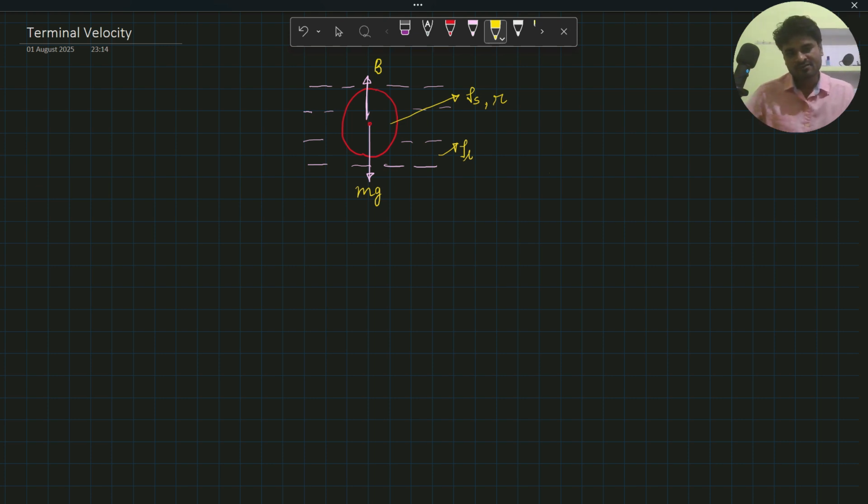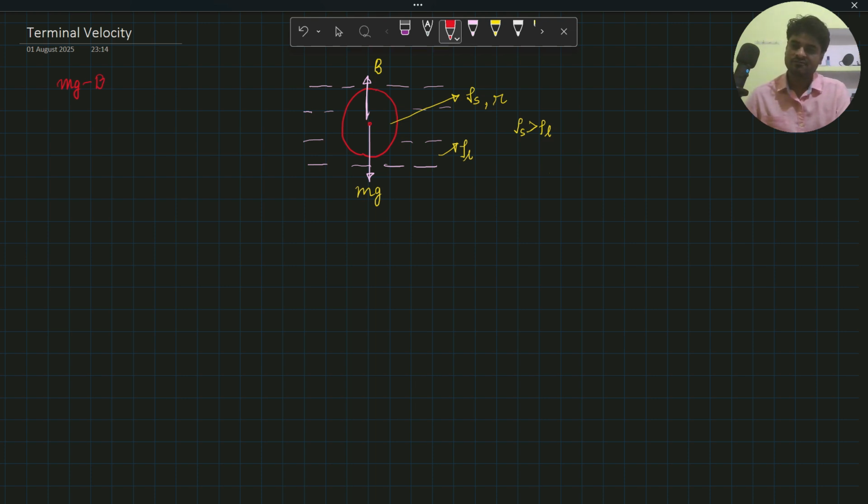And since this is an unbalanced force, because this solid density is higher than liquid, the force mg will be greater than b, and because of that this force mg minus b will be unbalanced.